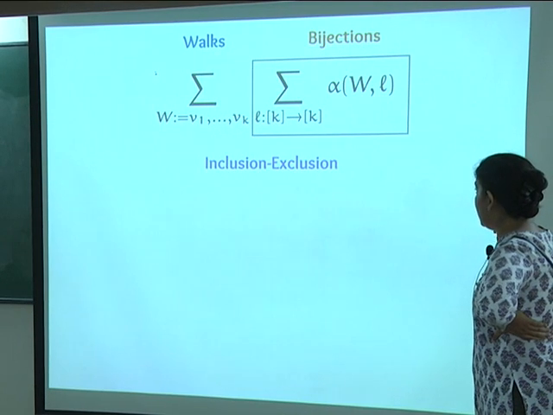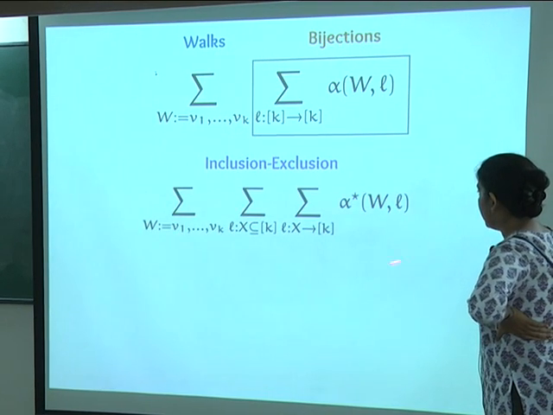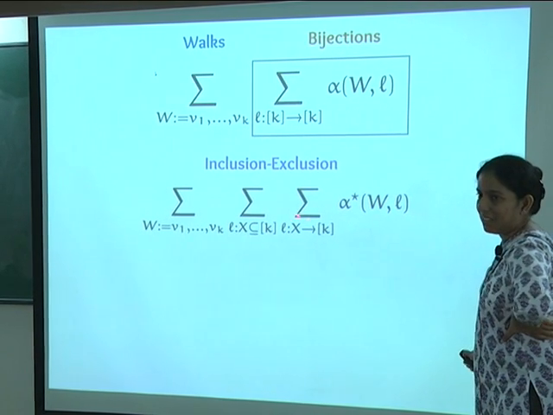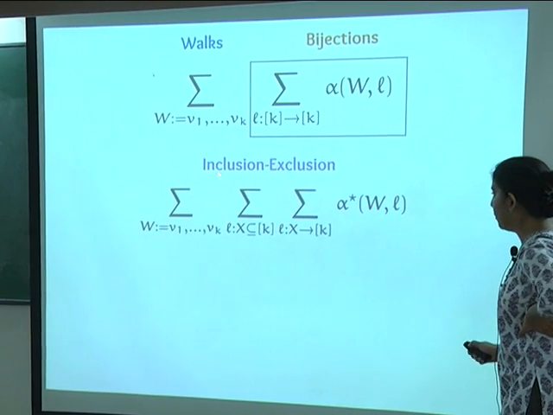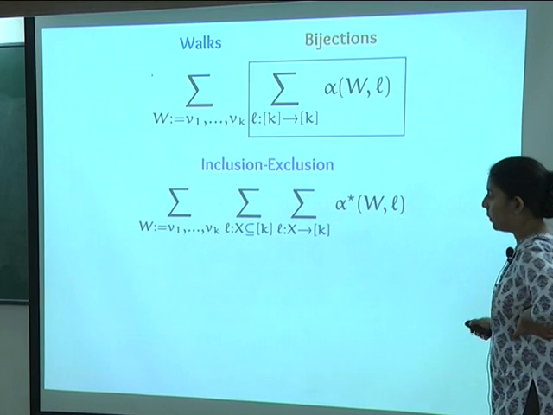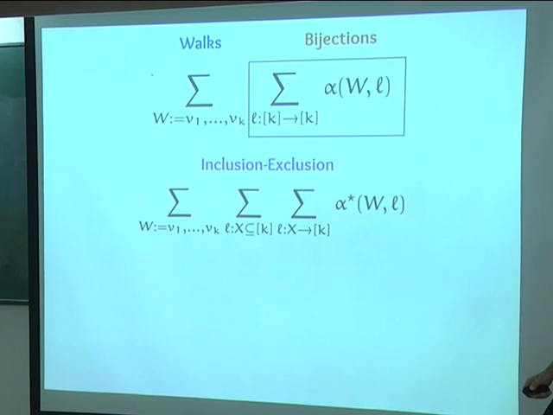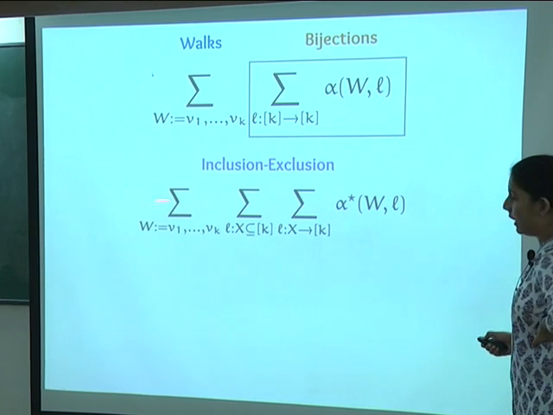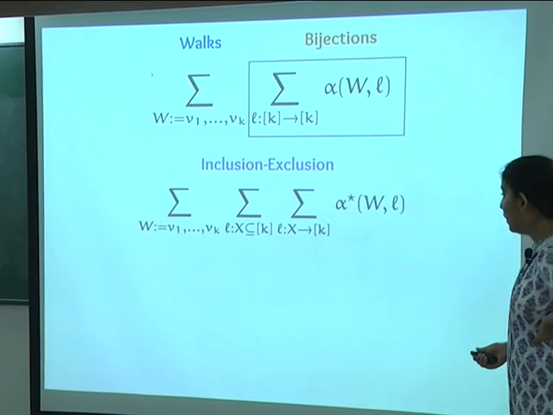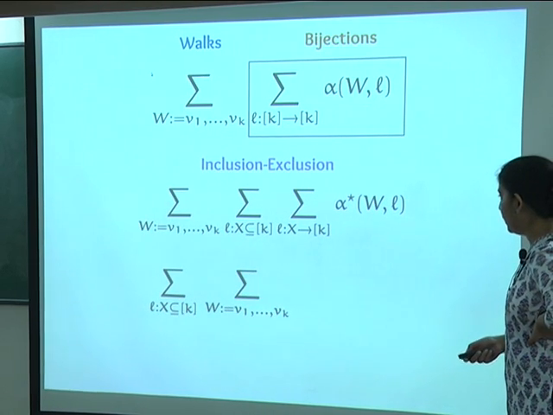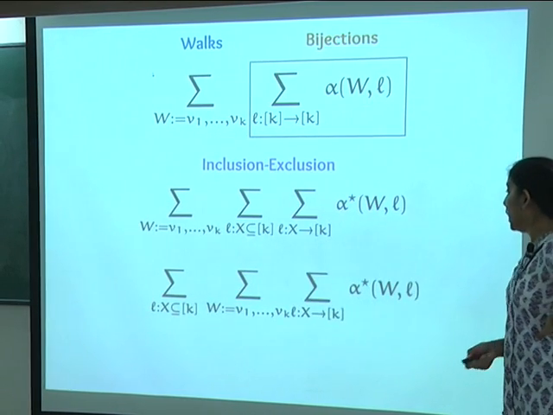What we are going to do is use inclusion-exclusion to simplify it to something where, apart from this junk, you're actually summing over all subsets of k. After this, you can interchange the order of summation. So this guy goes here, this guy comes here, and the rest of it stays as it is.